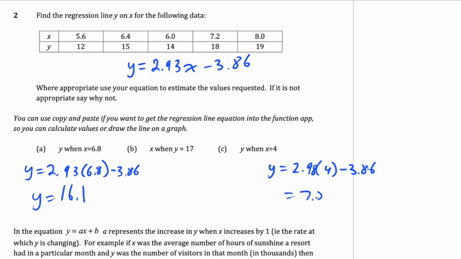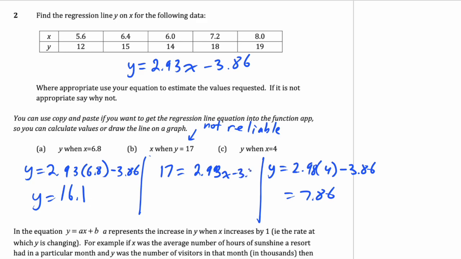7.86. Now this is not recommended actually, because the y on x regression line is best for predicting y values when you have an x value. So this is not going to be a reliable prediction. But we can try it anyway.